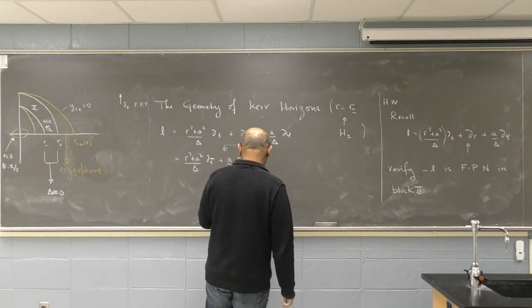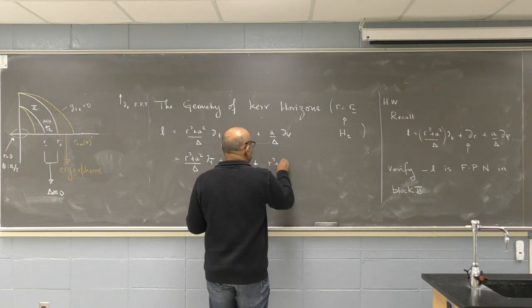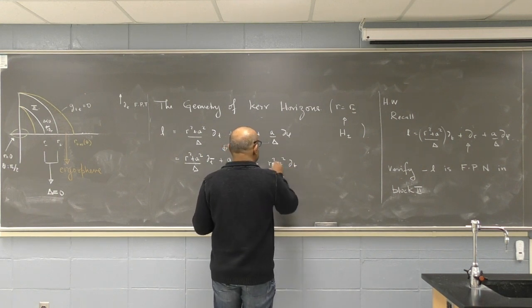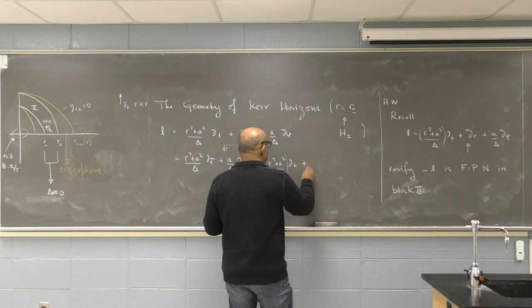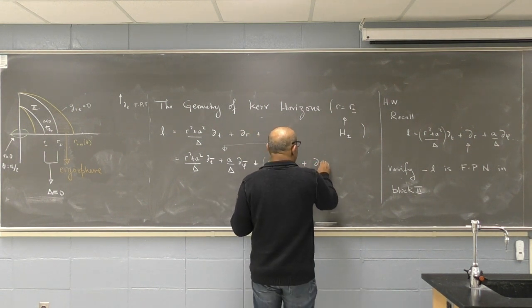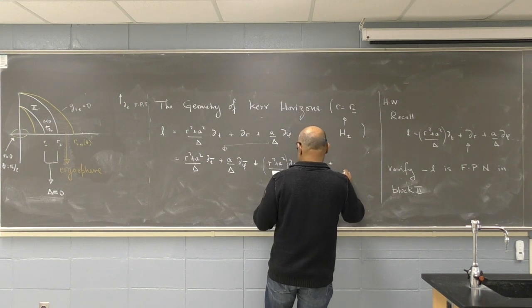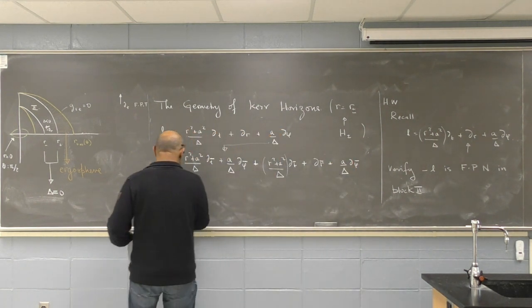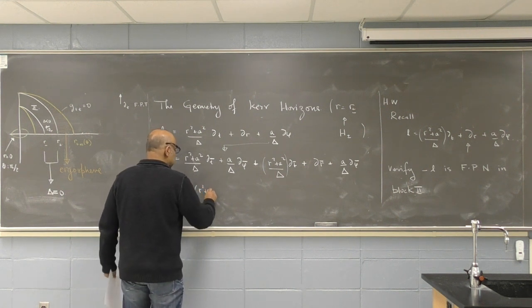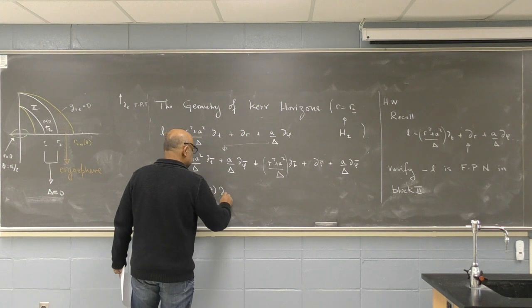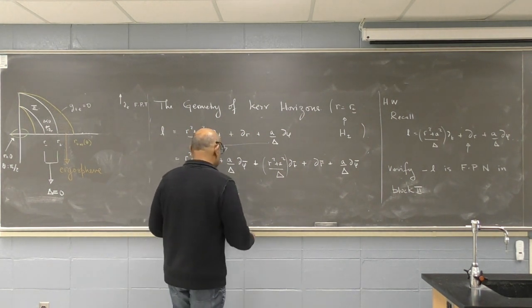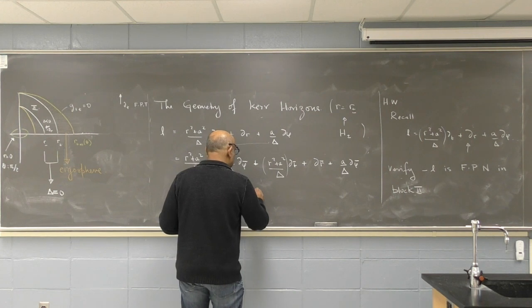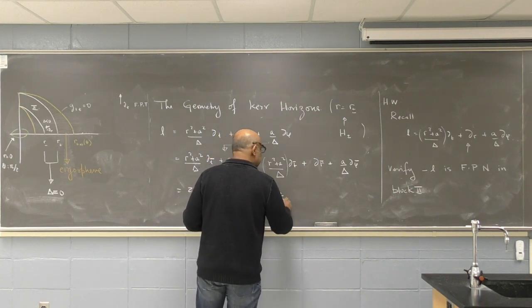And I think it is exactly (r squared plus a squared) over delta ∂_t plus ∂_r plus a over delta ∂_phi. As a result, this is 2(r squared plus a squared) over delta ∂_t bar plus ∂_r bar plus a over delta ∂_phi bar.